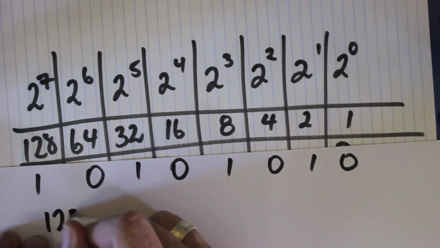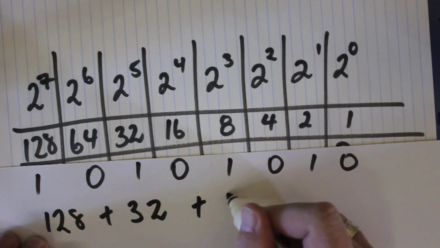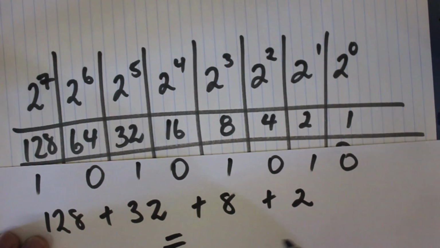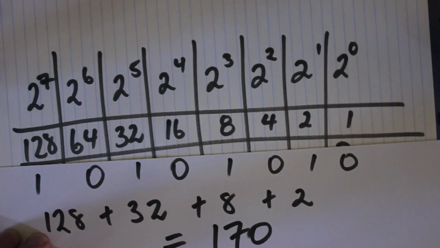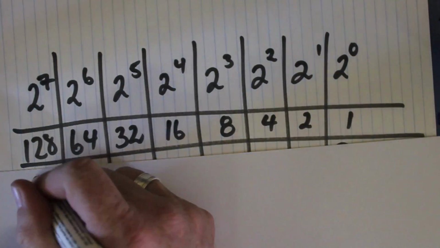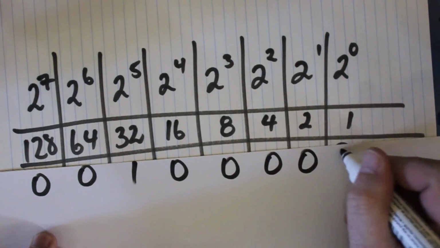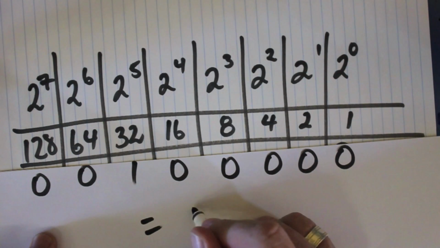This represents one lot of 128 plus one lot of 32 plus one lot of 8 plus one lot of 2, which gives us a grand total of 170. One final example. And guys, this is a clue to the title of our unit of work. This is simply one lot of 32.